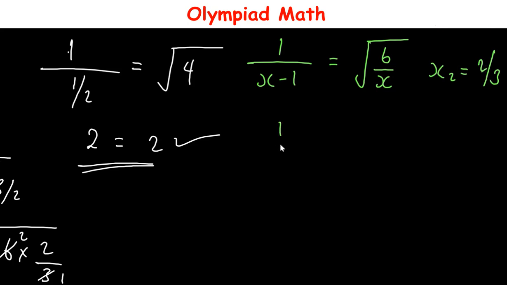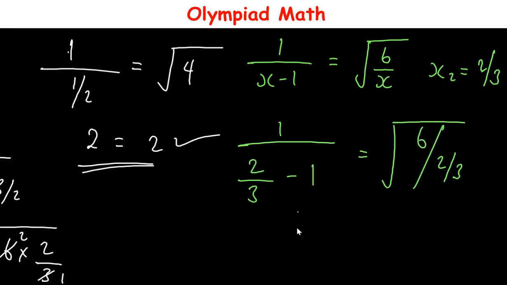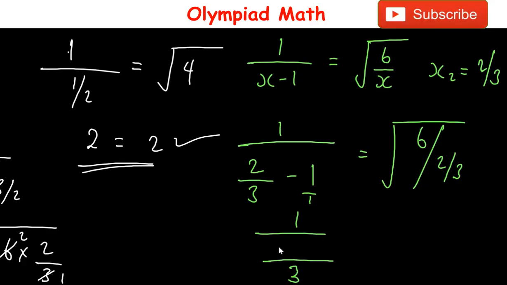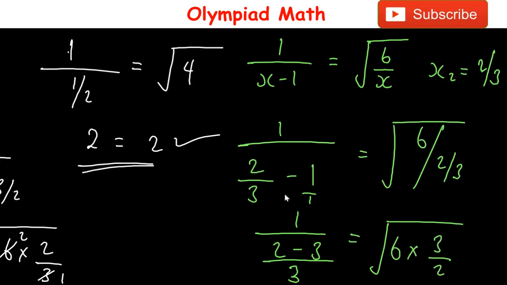So this becomes 1 over 2 over 3 minus 1 is equal to the square root of 6 over 2 over 3. From here, 1 over, the LCM of 3 and 1 is simply 3, so 3, then 2 minus 3. And this equals the square root of, we can write this as 6 times 3 over 2.